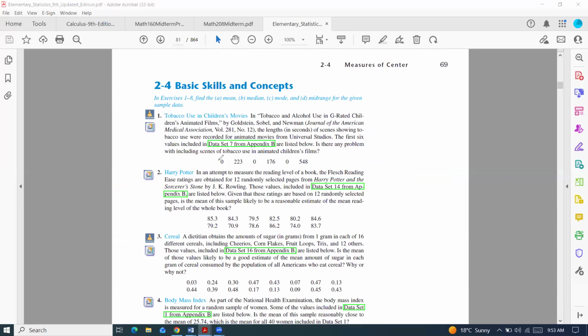sample in exercise number 1 in section 2.4, which wants us to find the so-called average, or sample mean. Statistics really likes to produce its own terminology.